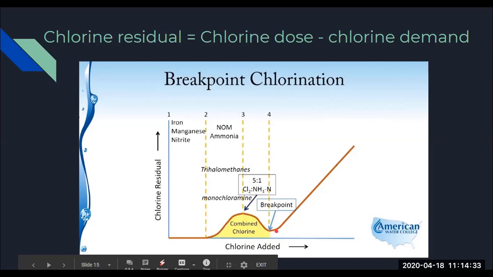But then it goes back up after we have passed the breakpoint, which tells us that our chlorine has deactivated all the pathogens and has reacted with every piece of organic matter or otherwise in our water. And so our residual starts to go up because there's nothing else for our chlorine to react with in the water.